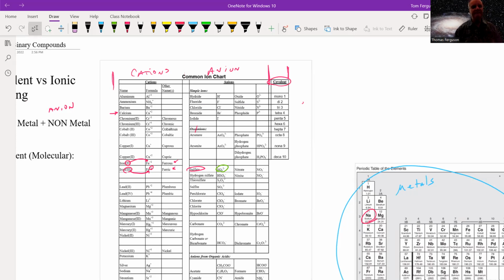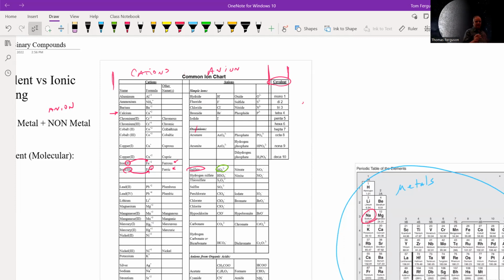For example, what's the charge on beryllium? Beryllium is second column in, so it's an alkaline earth metal. What's the charge on alkaline earth metals? +2. Notice beryllium is not on there because beryllium is in the group of alkaline earth metals, which are all +2.